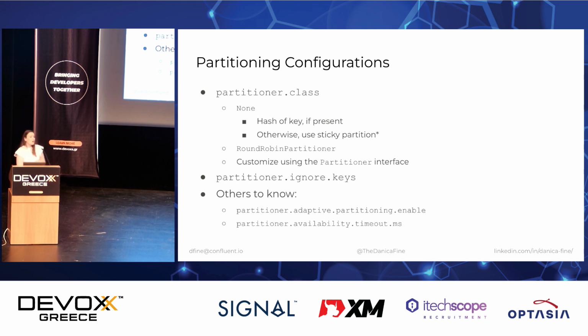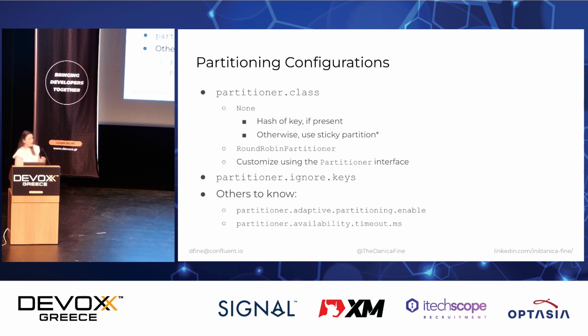And finally, you are completely free to implement your own partitioner class. This is especially useful if you actually know what your data looks like, and I hope you do, right? So if you know how your data is actually distributed across your keys and how those keys should be distributed across your partitions, you can define a custom partitioner so that you don't have any hot partitions, right? We want to avoid that for high latency or low latency use cases.